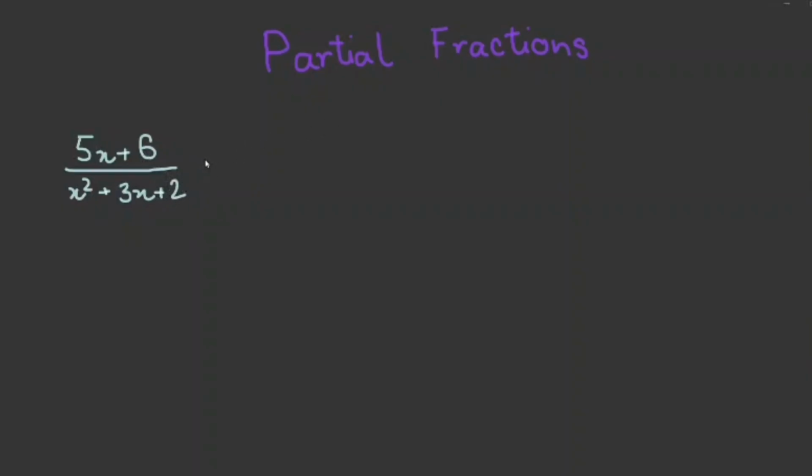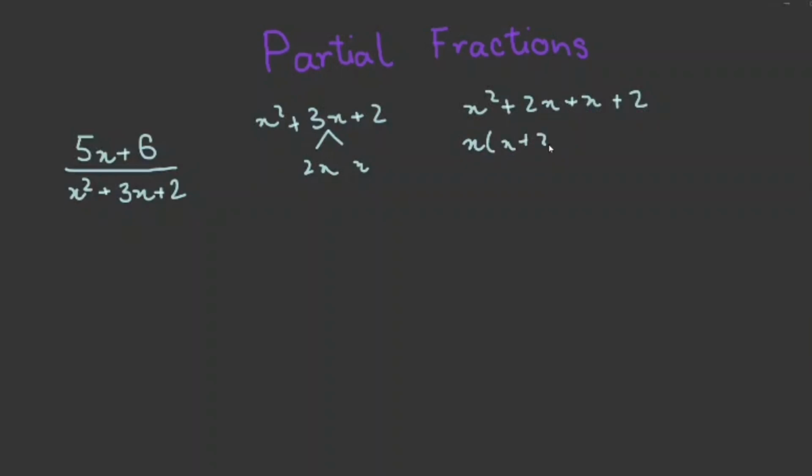So the first step we can do is, if our denominator is quite complex, we should first simplify this. So here we can just apply middle term breaking to this like we have learned in a previous video, so we would also revise this. We can break this 3x down into 2x and x, so we can write this as x squared plus 2x plus x plus 2, and here we can take x common.